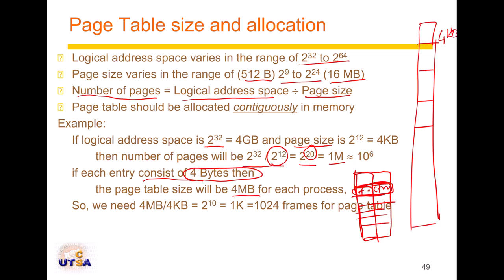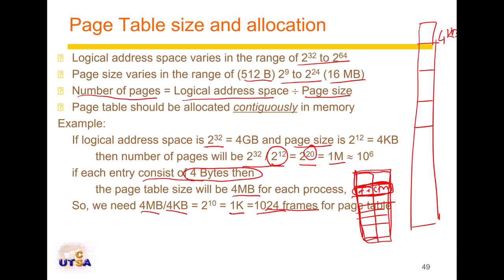What I need to do is divide my page table, 4 megabytes divided by 4 kilobytes. So I will get 2 to the power 10, or in general 1 kilo, or more if you want to use the actual numbers. It's that many frames I need to store just my page table.